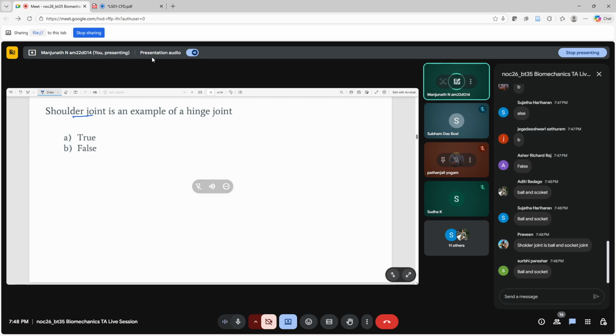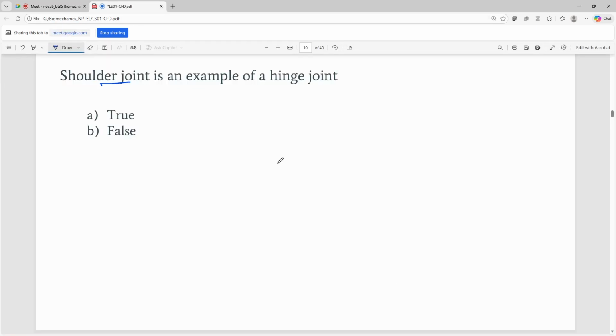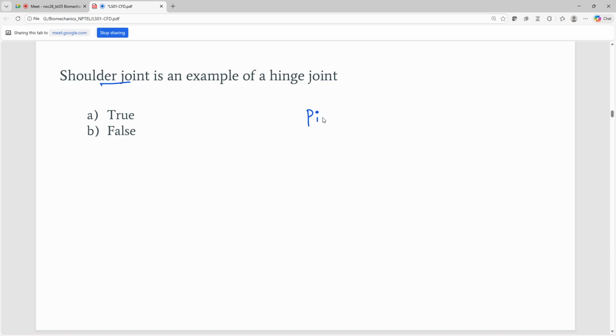Then can you say what kind of joint our shoulder joint is? Yes, ball and socket. So there are different joint types. This I am writing from types of synovial joints or anatomical joints. There are mainly six types of synovial joint.